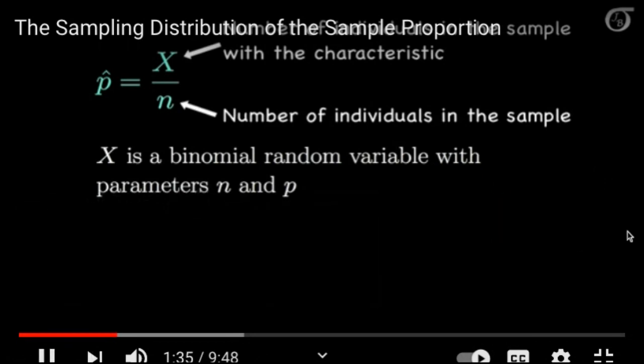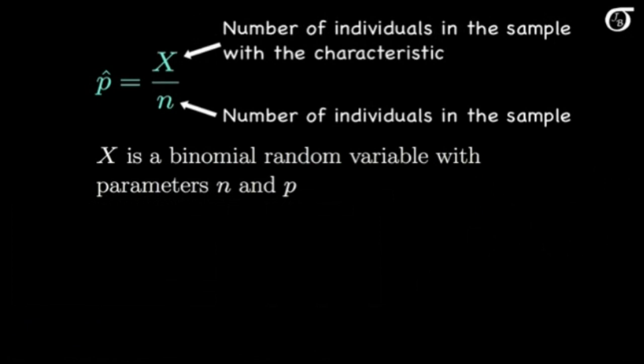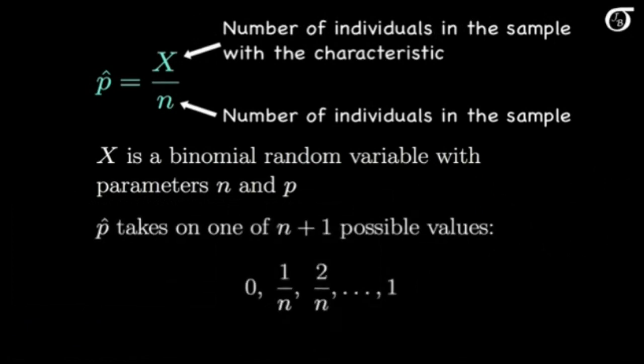Like the binomial random variable x, the sample proportion P hat is a discrete random variable. When we draw a sample, P hat will take on one of n plus 1 possible values: 0, 1 over n, 2 over n, up through 1.